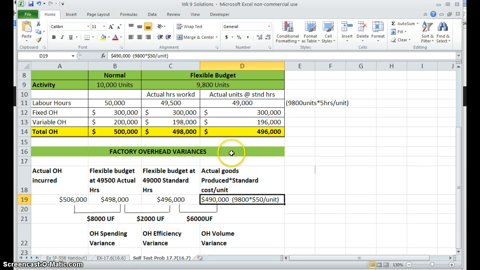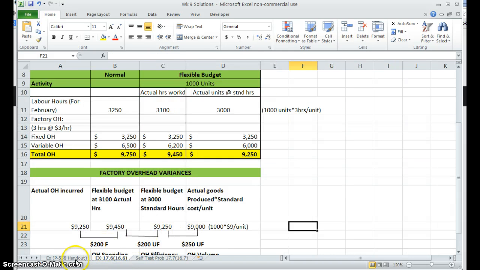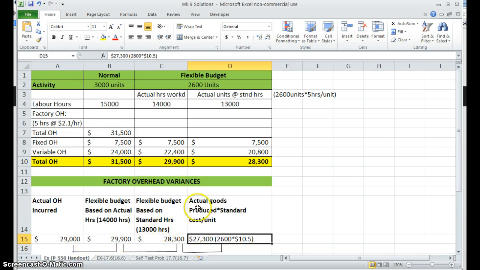Now why you need that is this last category, which is the overhead applied, is always based on a unit basis. So that's done. Then you need the actual, and then there are 2 flexible budgets. How do you get the flexible budget? This is the flexible budget on actual hours. This is the flexible budget based on the standard hours for the units produced.